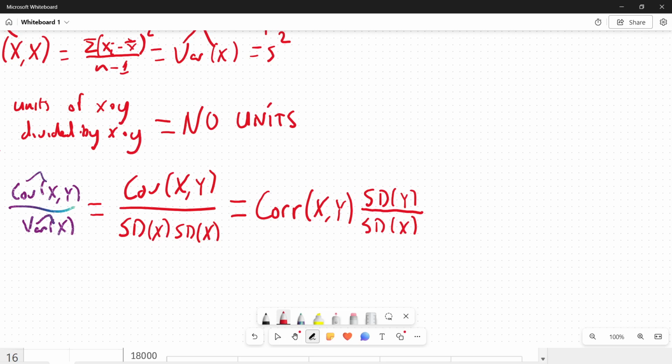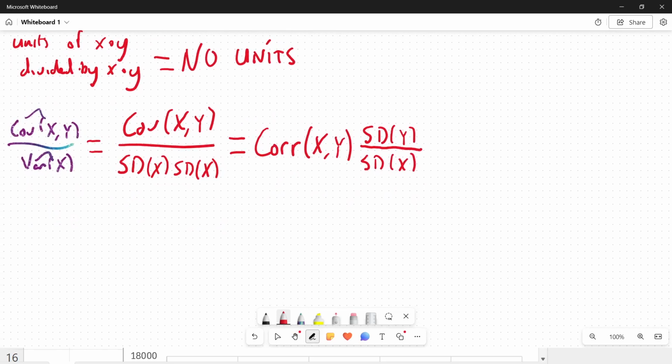Why would you do this? So that I can get to the end of the line and draw another star and say units of y divided by units of x.